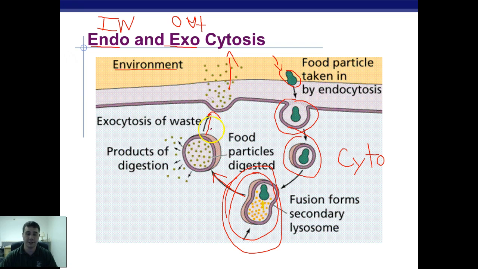The Golgi apparatus, which we talked about before, is a master of producing these kinds of vesicles. Not necessarily full of digestion products, but the Golgi produces vesicles, and these vesicles always go to the cell membrane in order to be let out of the cell itself.